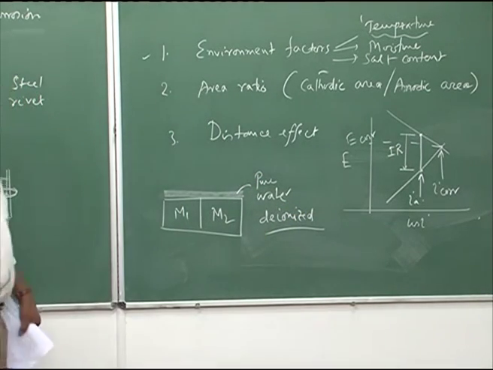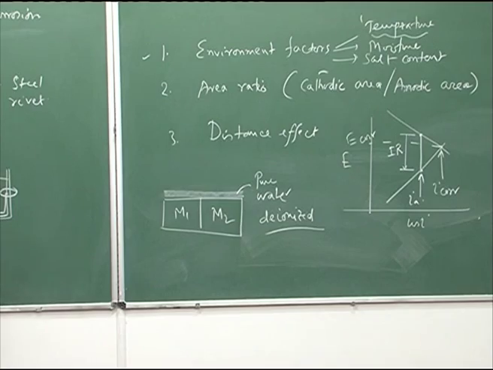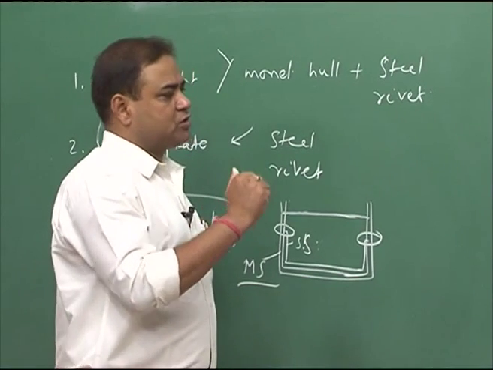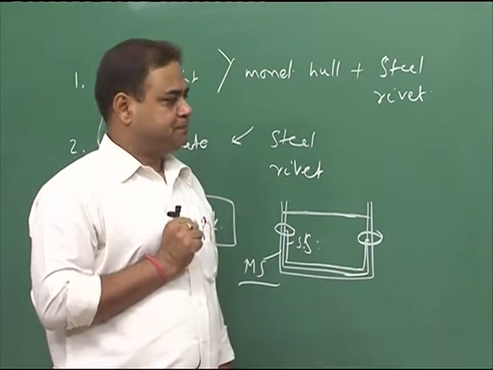In the case of deionized water, resistance is pretty high. So, in that case the galvanic corrosion effect or the corrosion rate would be pretty low compared to the case where the electrolyte contains a lot of ions.